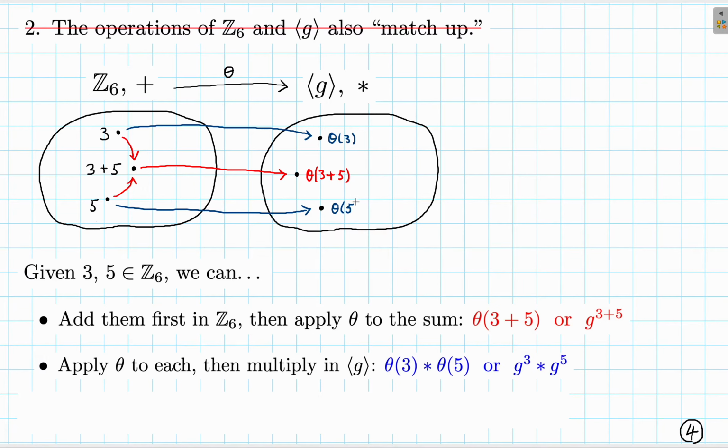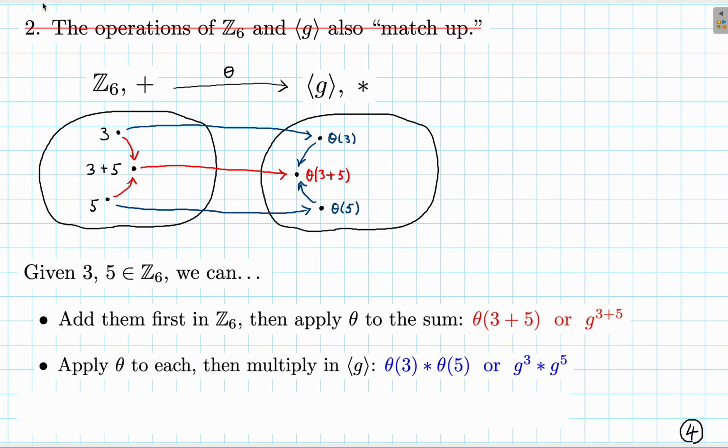And then, because we're in bracket G, multiply those two outputs in bracket G. And I claim that if we do that, that product is the same result that we got in the earlier calculation.